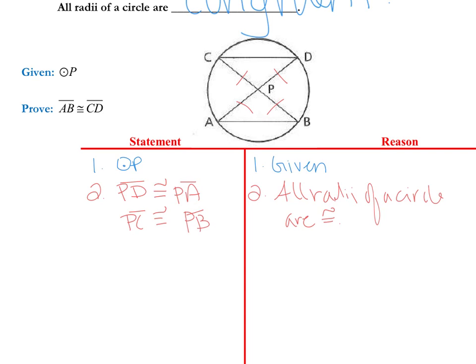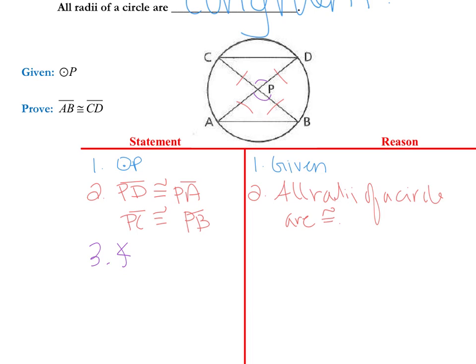Okay, so we're trying to prove that AB is congruent to CD. But they're not radii. So we have to prove that these triangles are congruent first. Well, we also have vertical angles.